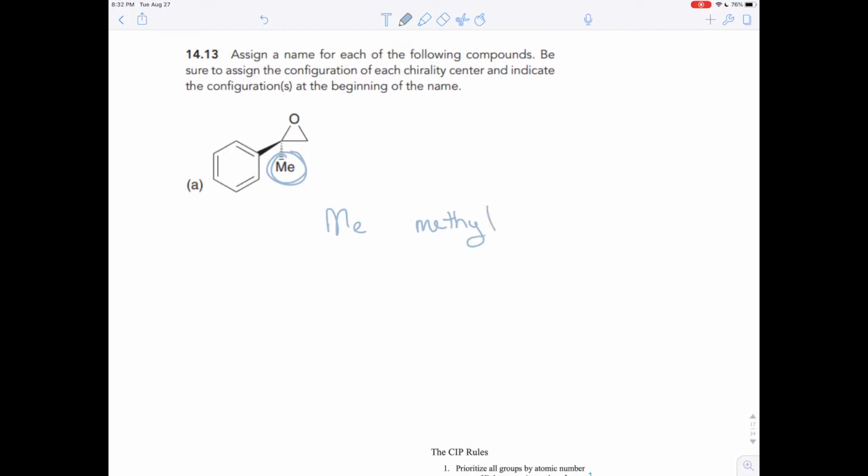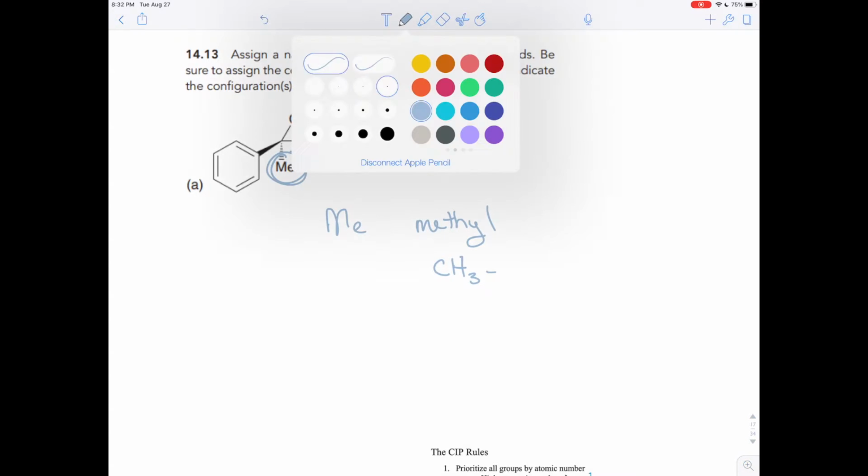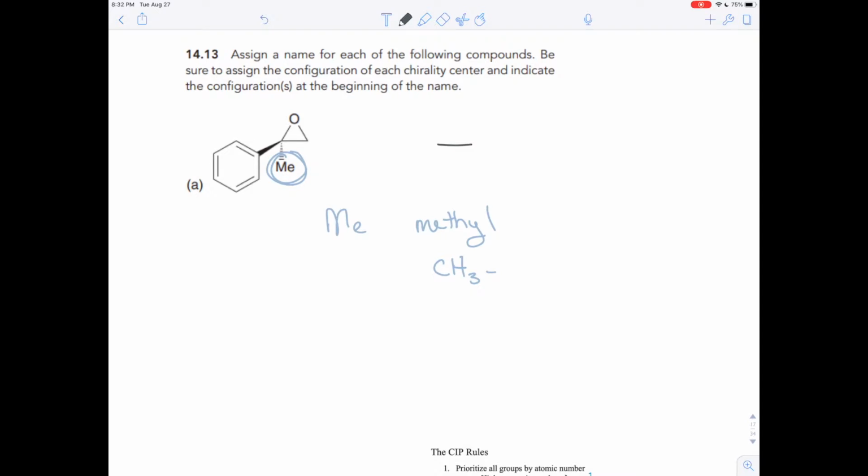A methyl group is where you have a CH3 connected. So really, you could redraw this molecule, and you could say, okay, I have that oxygen there, and I have just a methyl group there, and then I have my ring.